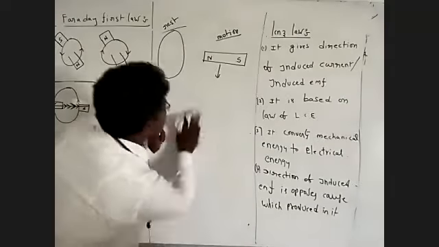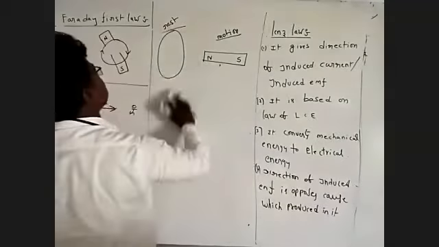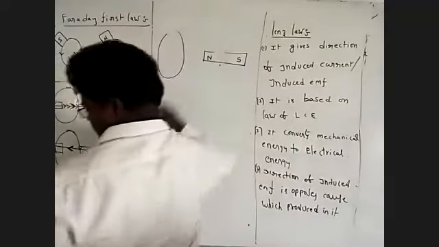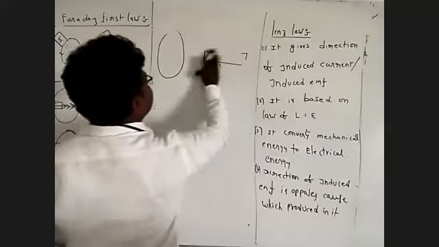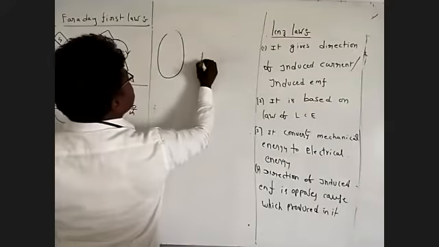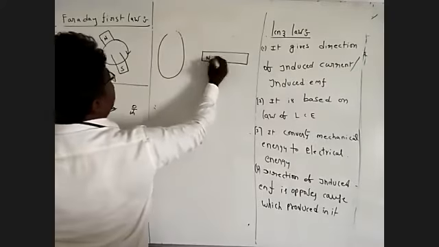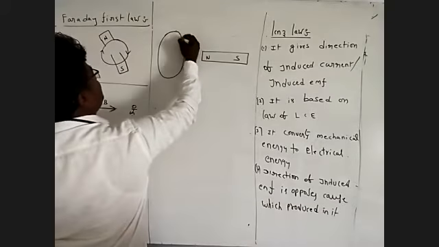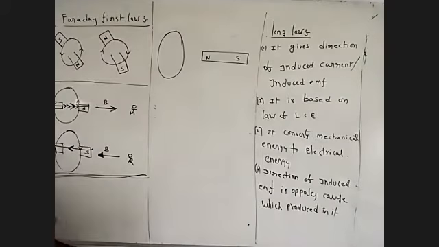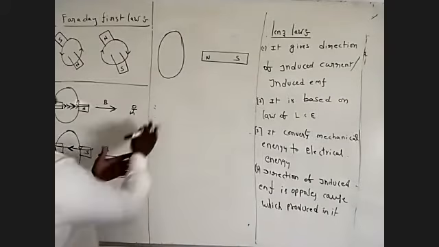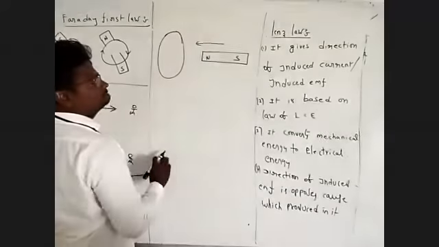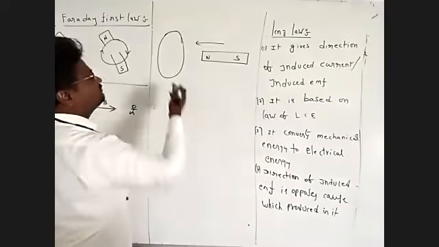But we are not seeing the current. Now you see this. This is the north pole of the bar magnet and the south pole. This is a coil. The north pole of the bar magnet is moving towards this coil. There is a change in flux lines linked with the coil, then induced EMF, induced current flows in the coil.